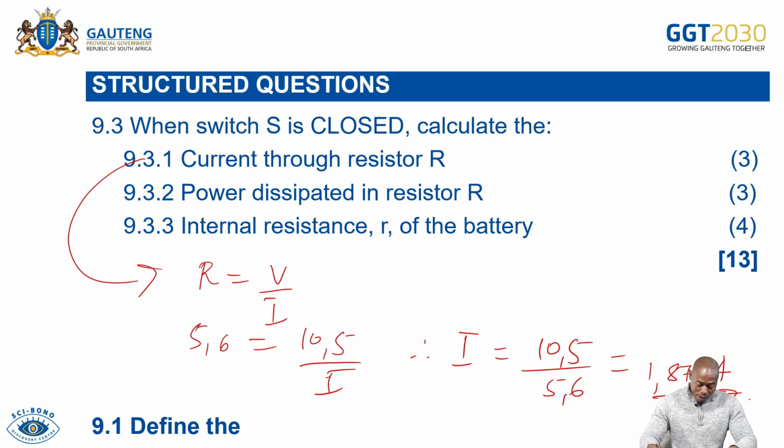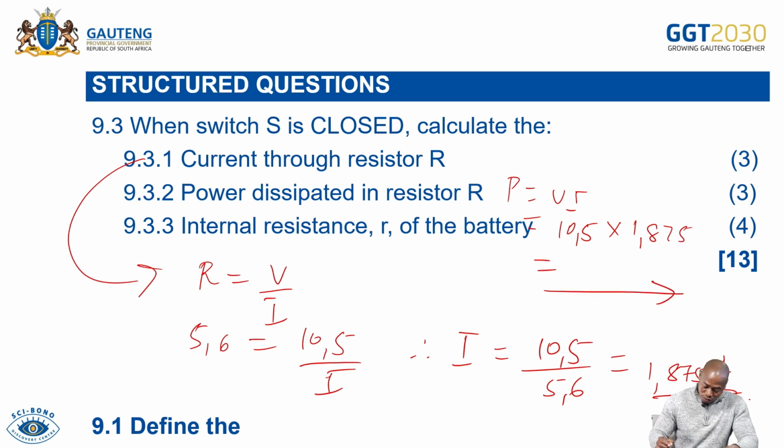Then power dissipated in resistor R. For resistor R, I'm having the resistance, I'm having the current, I'm having the potential difference. So I can use P equals VI. My V is 10.5. My I is 1.875. Which is 10.5 times 1.875.